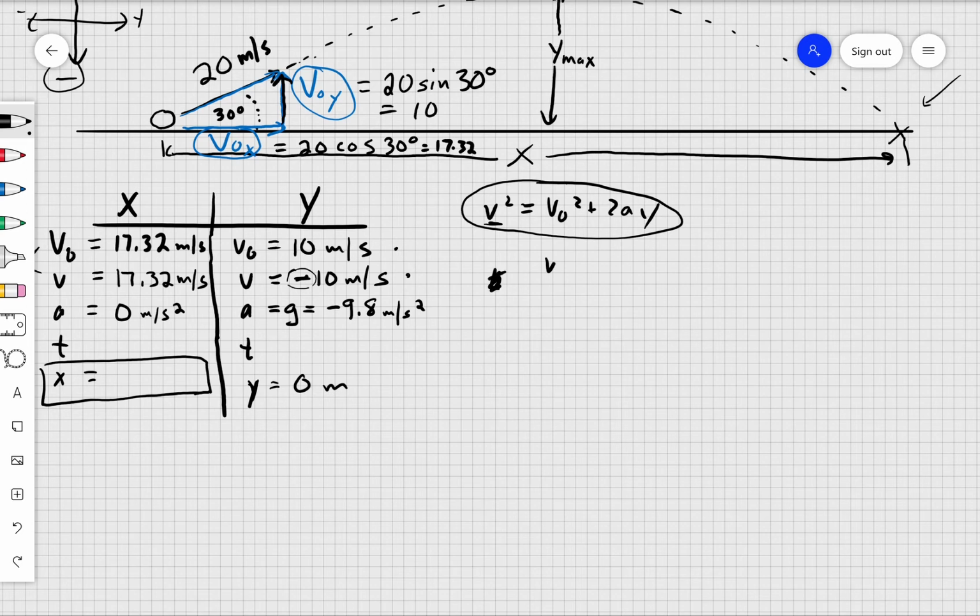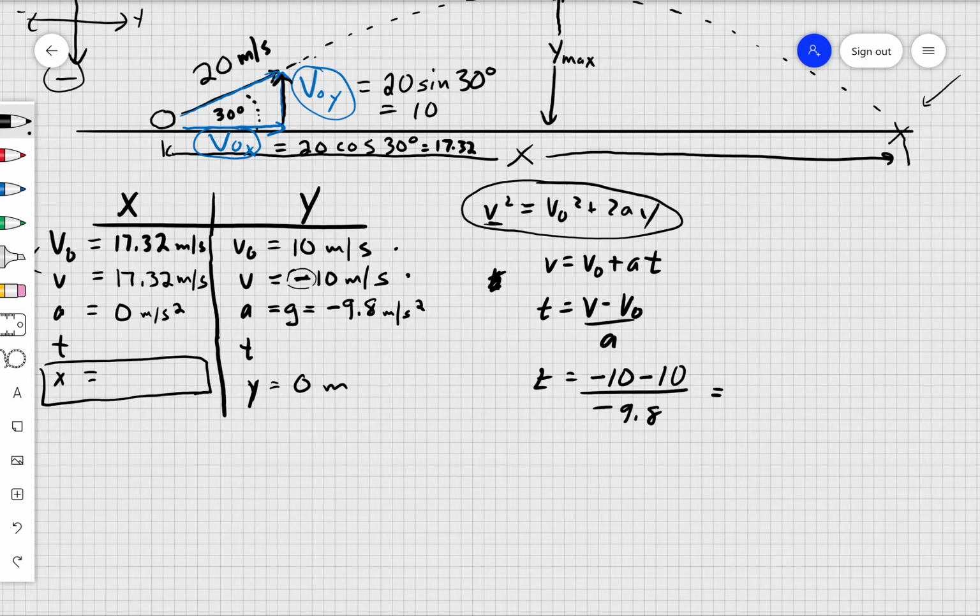using v is v naught plus at, so t is v minus v naught over a. So t, the final velocity in the y direction was -10. The initial velocity was 10 over the acceleration of -9.8.